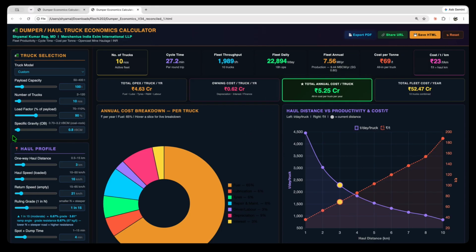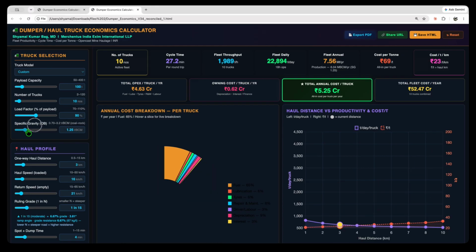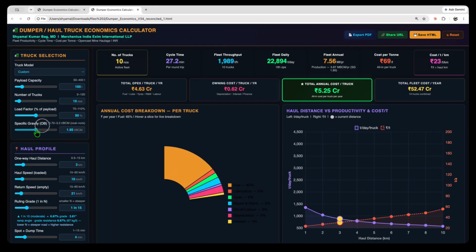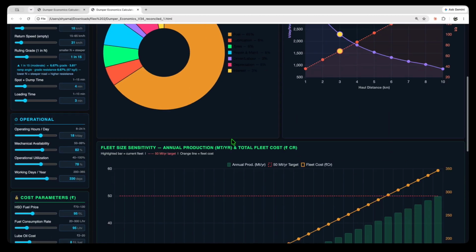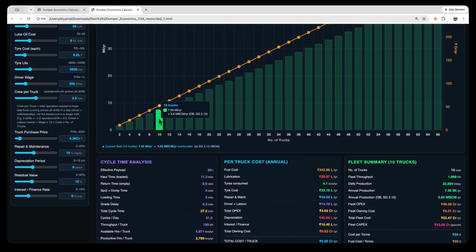With the specific gravity, if I increase the specific gravity to say 2.1, this becomes 3.60 million bank cubic meter, and the 7.56 will remain the same. So here also it will reflect the same thing.